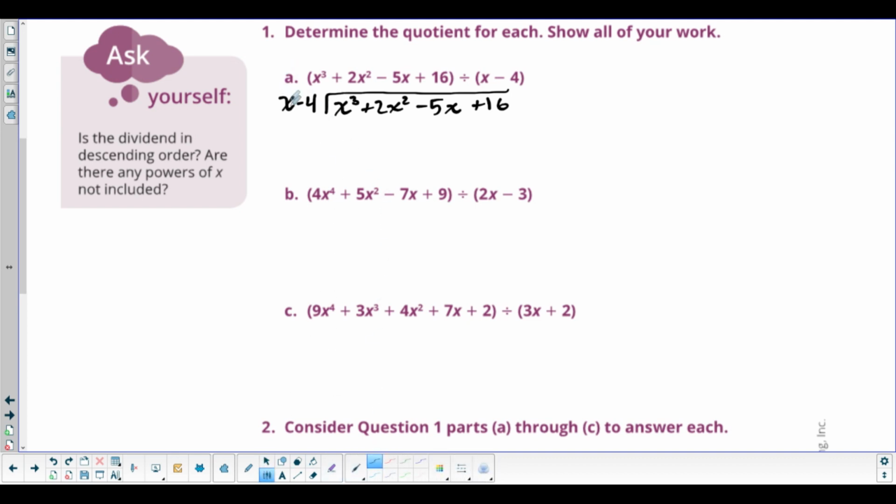You would start off by saying, well, this x can go into x cubed, x squared times. You then multiply that, so you get x cubed, and then you multiply x squared times negative 4, which would be minus 4x squared. You then subtract these, and you end up with 2x squared minus negative 4x squared, which is 6x squared.